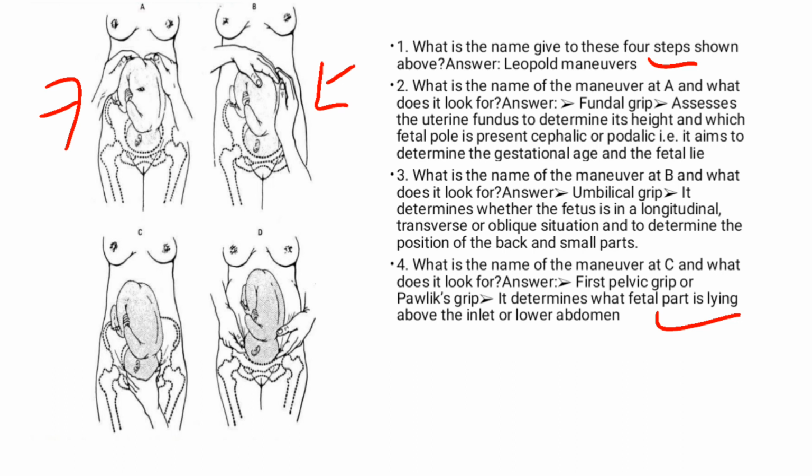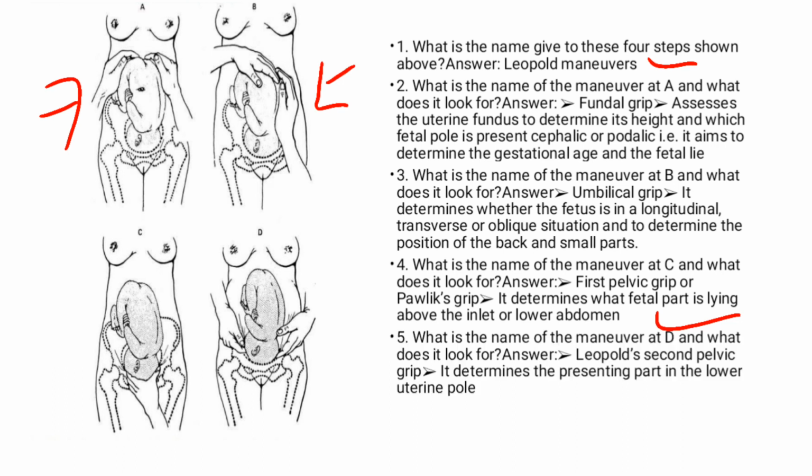Then we have the last one, which is D. So what is the name of the maneuver D and what does it look for? D is Leopold's second pelvic grip, or in other literature they just put it as a pelvic grip, but it's best to name them as the first pelvic grip and the second pelvic grip.